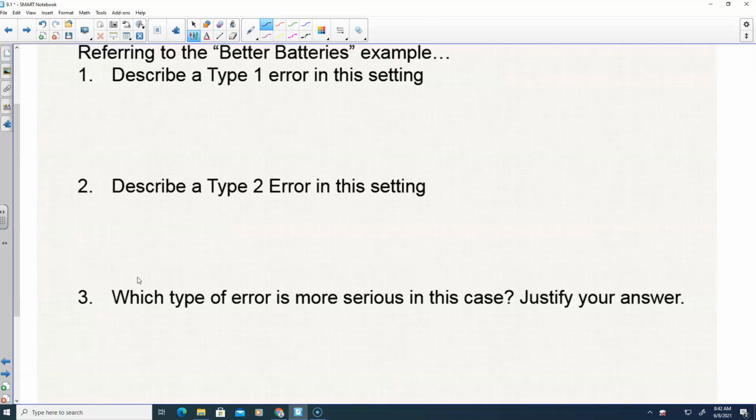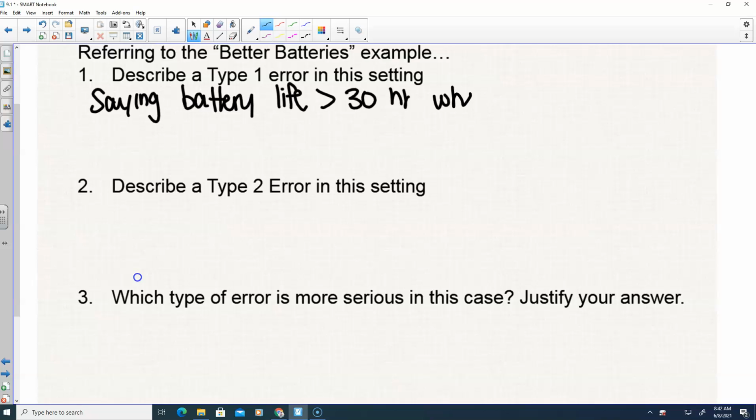That would be bad. So in this case, a type 1 error when we're referring to those batteries is we say that the battery life is actually greater than 30, when it's actually 30 in reality.